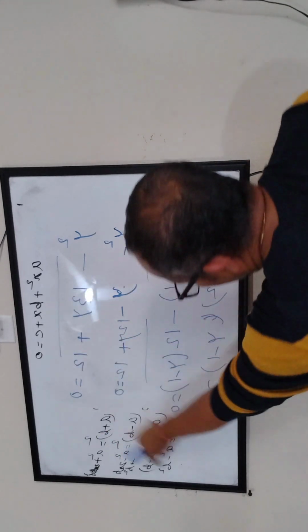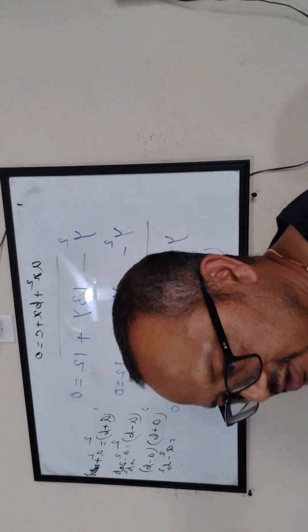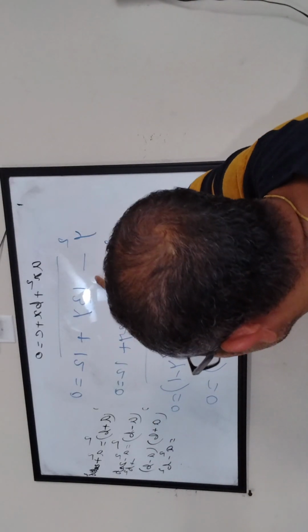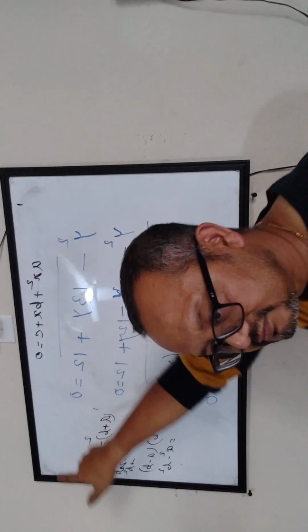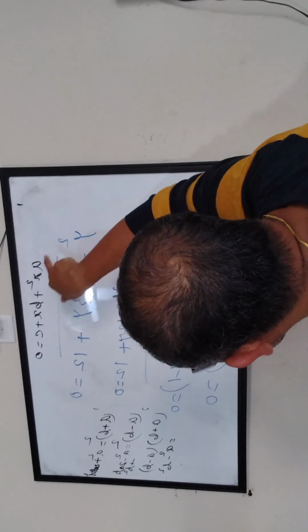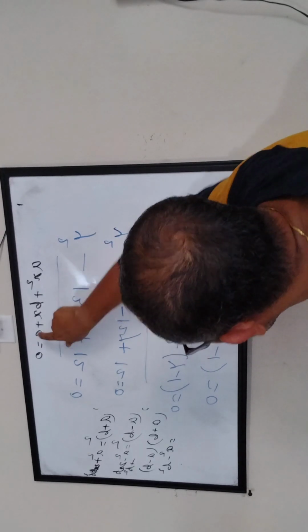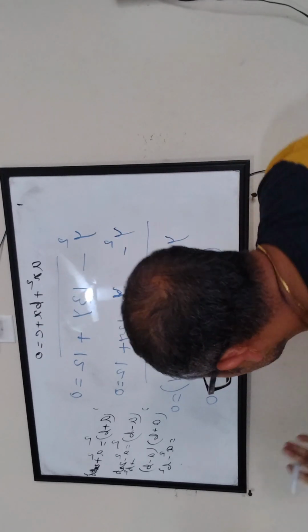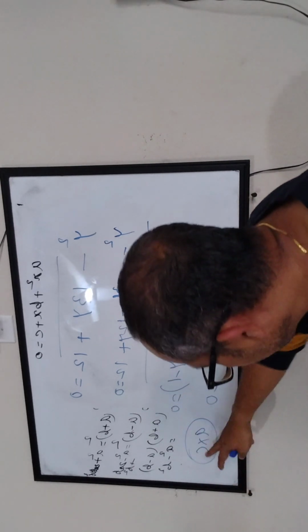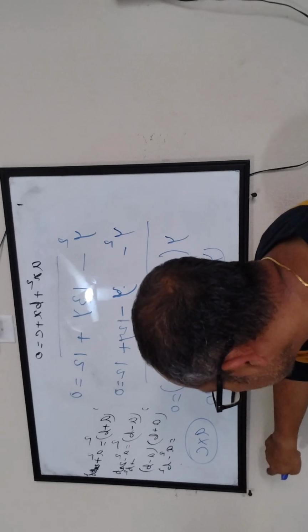See if they map to them, then you don't have to do anything. If not, then you go with this method where you map it to the standard form, find out A and C, multiply A and C, and then find the factors of that product. Find out what are all the factors of A times C.